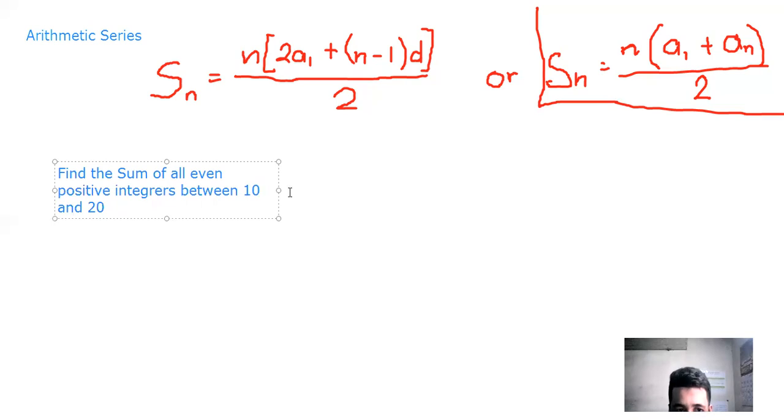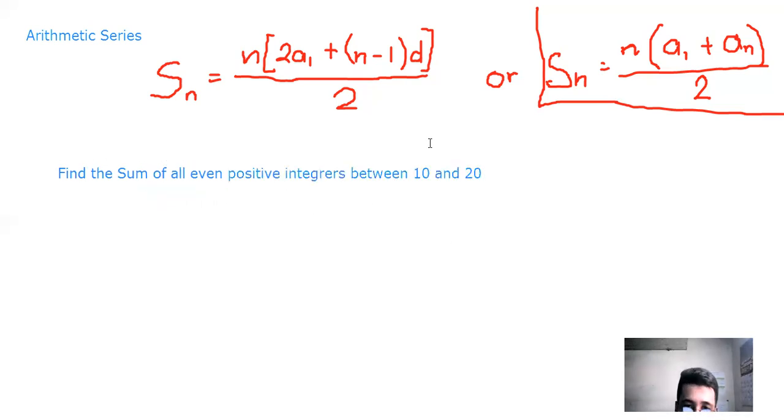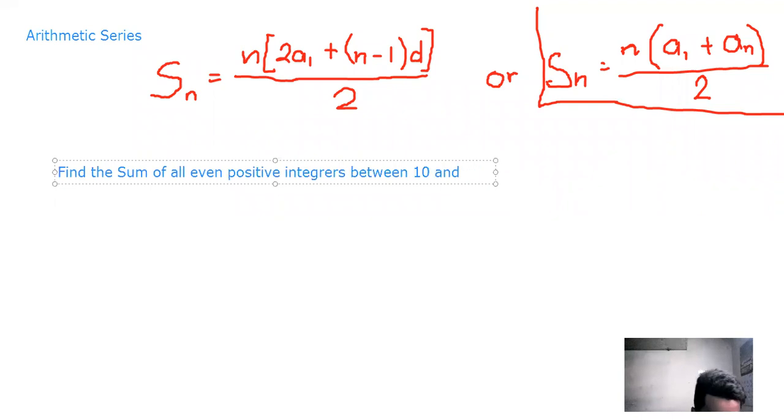Ganyan, diba? So, parang ganyan din yung gagawin natin. Masyadong maliit naman pag 20 lang. Gawin na natin 30. Find the sum of all even positive integers. Mali pa din.